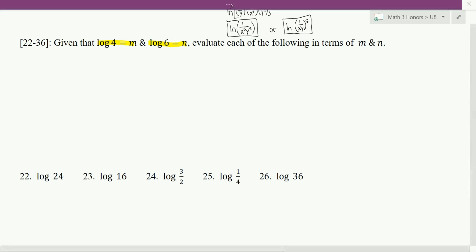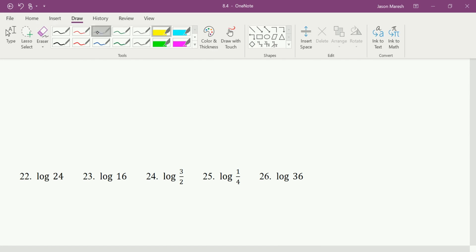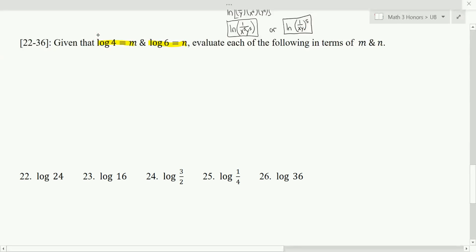So when I'm looking at number 22, I'm thinking, well, 24, does that deal with a 4 or a 6? It does, right? That's actually, 24 is 4 times 6. And so log 24, I could write as log of 4 times 6, and I could split that up to log 4 plus log 6.